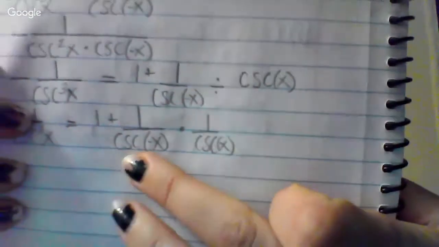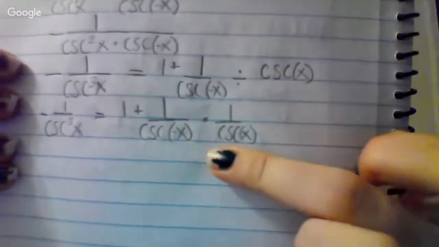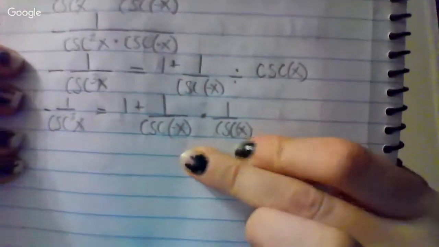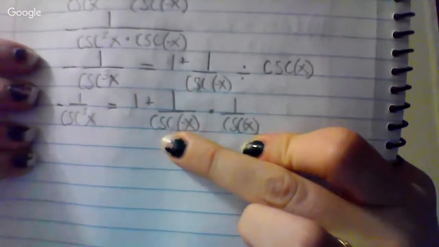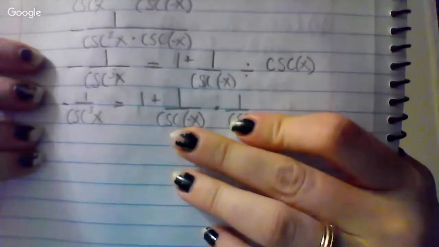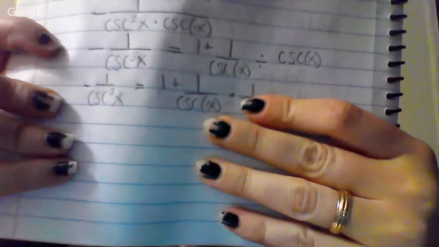I started working on the other side, and I get similar to this side. If I worked this all out, at least for the denominator, it would be negative cosecant squared x, and this is cubed x.